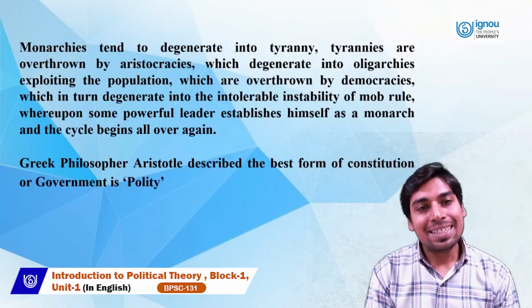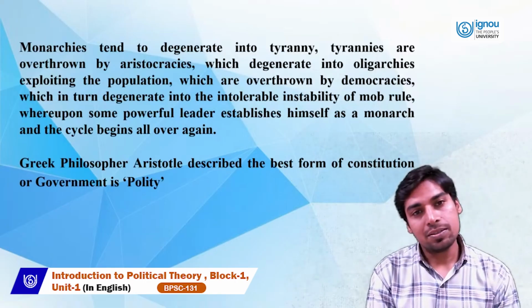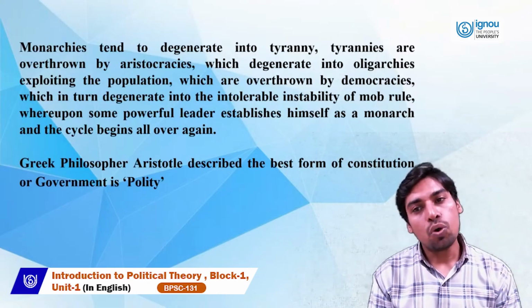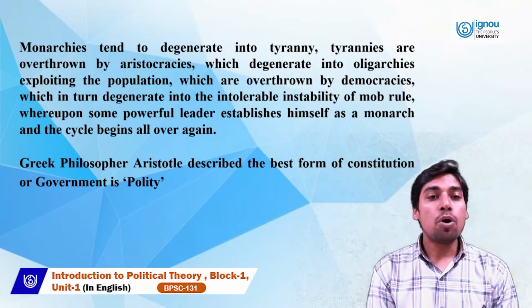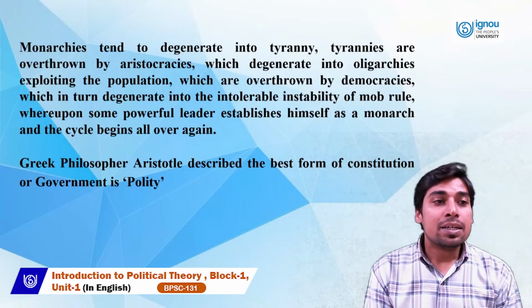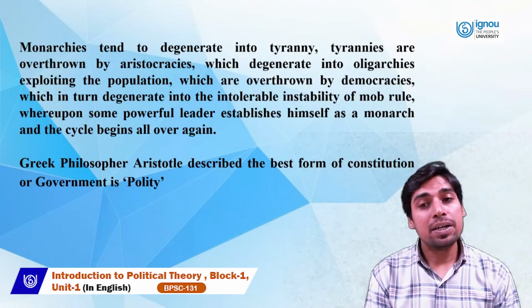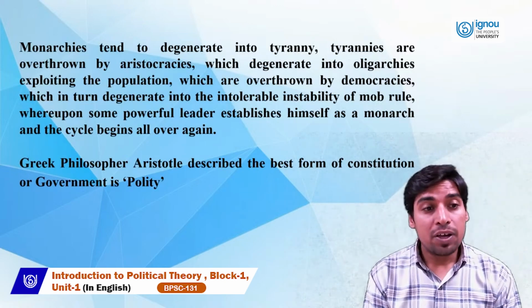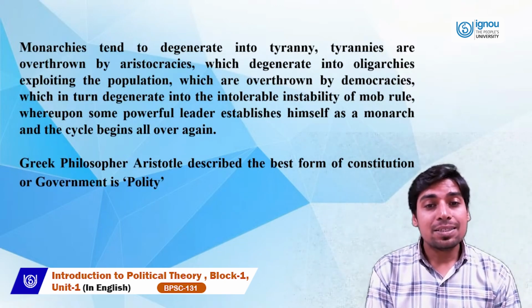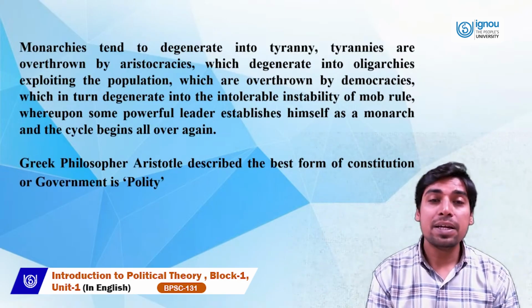Monarchies tend to degenerate into tyranny. Tyrannies are overthrown by aristocracies, which degenerate into oligarchies exploiting the population, which are overthrown by democracies, which then degenerate into the intolerable instability of mob rule, whereupon some powerful leader establishes himself as a monarch, and the cycle begins all over again.